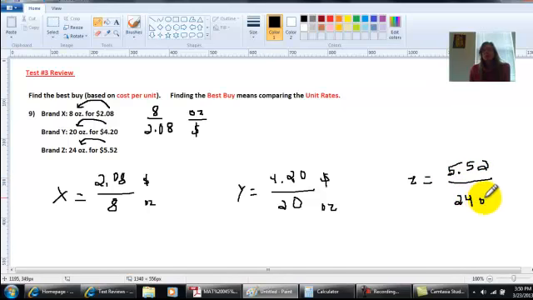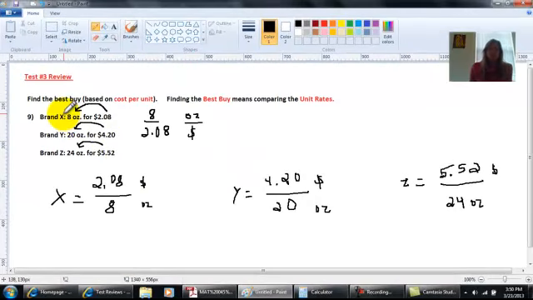We're usually trained when we go to the grocery store to think that the one with the higher ounces is usually less per cost unit, because the bigger the thing you buy is usually the cheaper. But not in all cases, especially if it's different brands. And in this case, these are different brands. So you have to do the calculating. When we're finding a best buy, what we're really doing is finding a unit rate.